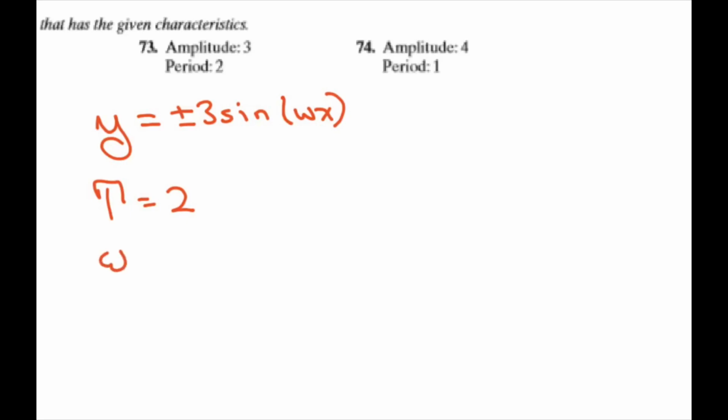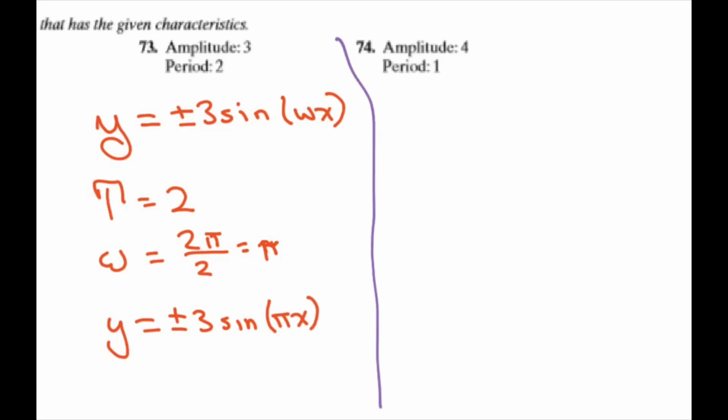So our omega equals 2 pi divided by 2, which just equals pi. So that looks like an H. So there's pi. So for this one, it's going to be y equals plus or minus 3 sine. Our omega equals pi, so that's going to be pi x.